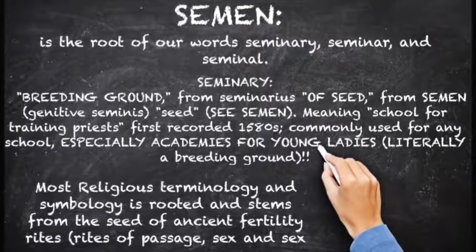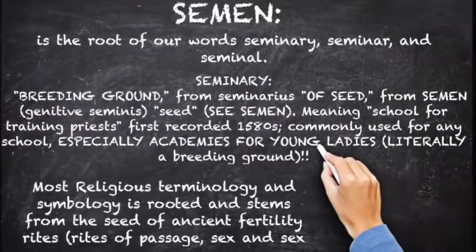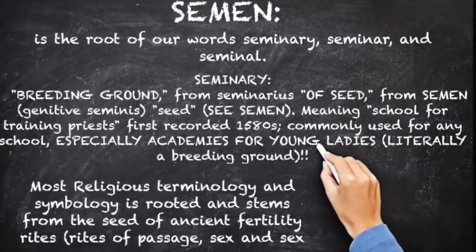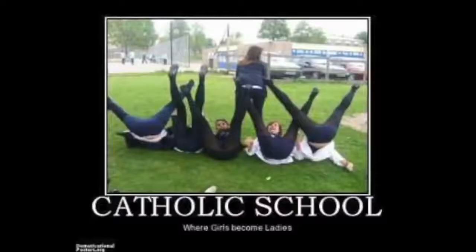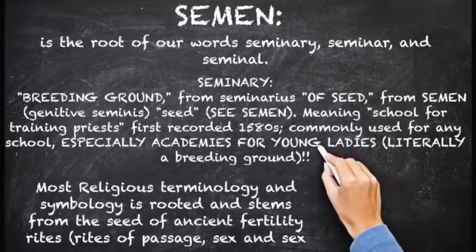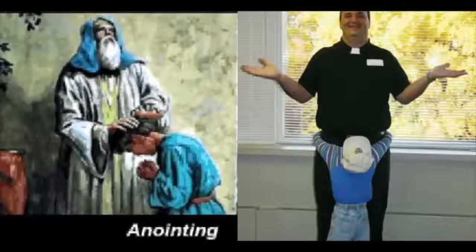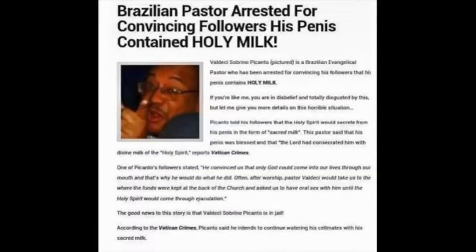Meaning school for training priests. Commonly used for any school, but especially academies for young ladies. Literally a breeding ground. And this is why in the Catholic churches we find the pedophilia. This is why they're always associated with children and the sex scandals, the pedophilia, the sex trafficking.